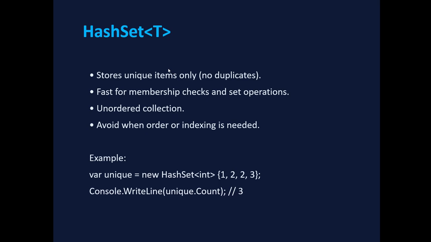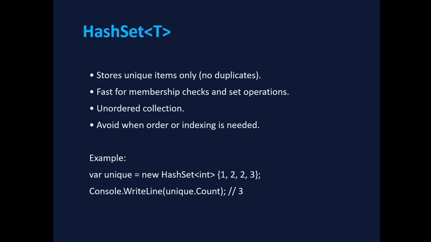So whenever we have a scenario where we want to maintain unique values and no duplicates, then HashSet<T> is perfect. It stores unique items only, is fast for membership checks and set operations, is an unordered collection, and avoid it when order or index is needed. In these scenarios, we will go for HashSet<T>.